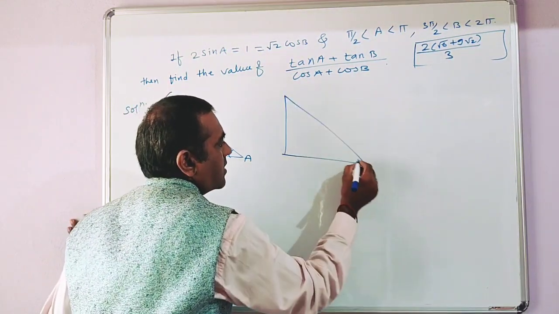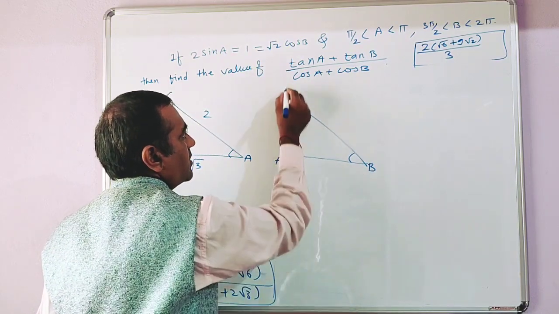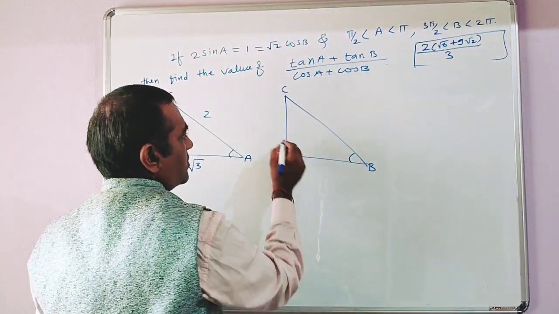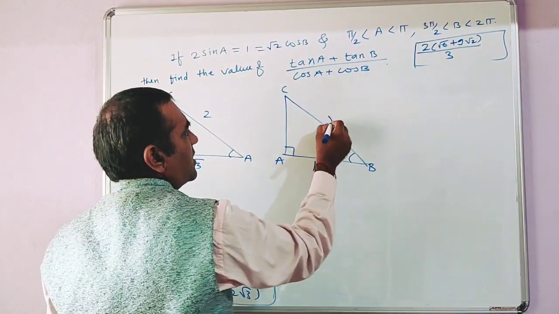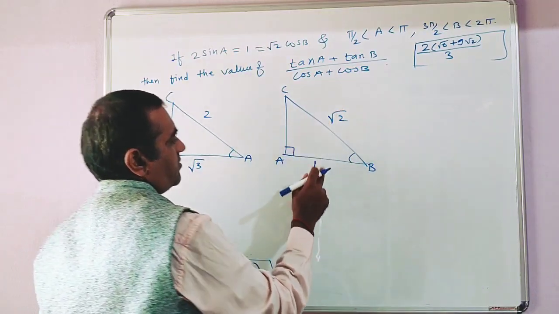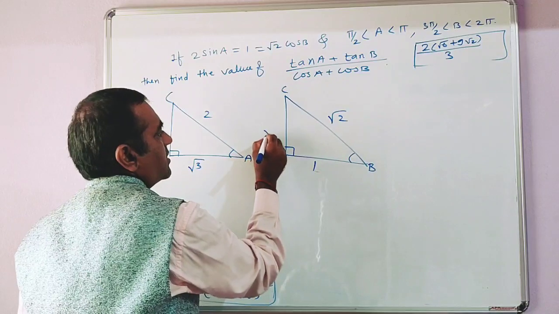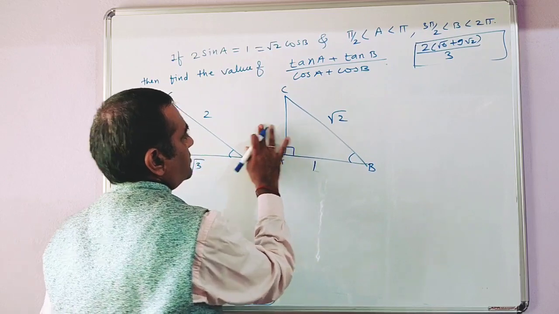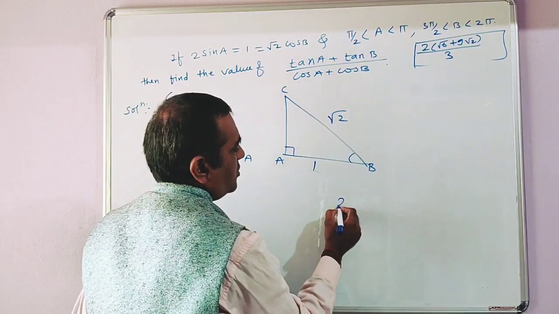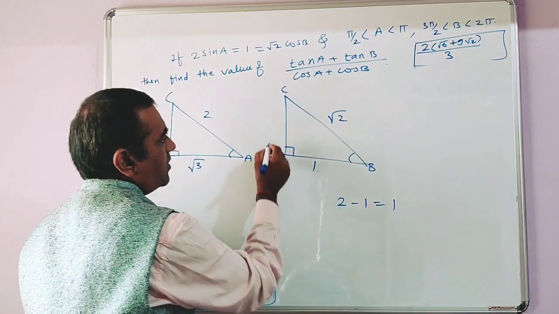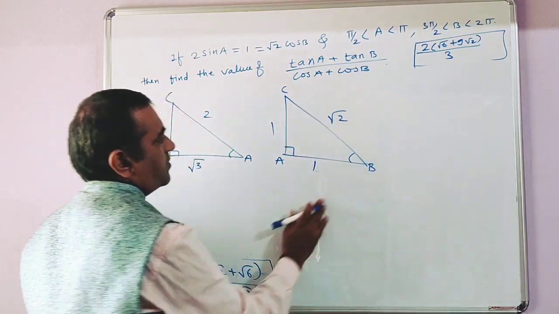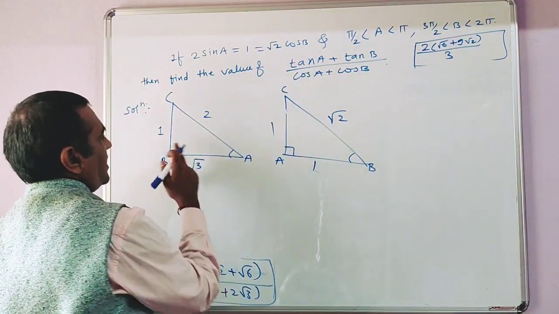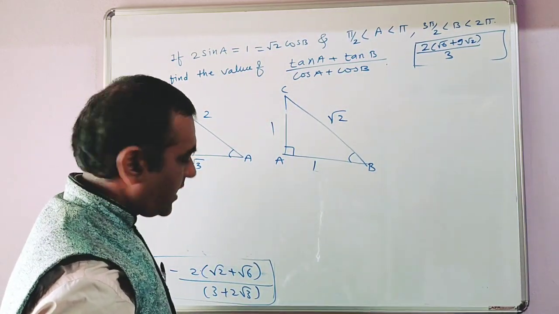Now B. What about B? 1 by root 2, adjacent upon hypotenuse. Root 2 square is 2, minus 1 is 1, square root of 1 is 1. That means 45-45, and the other is 30-60-90.